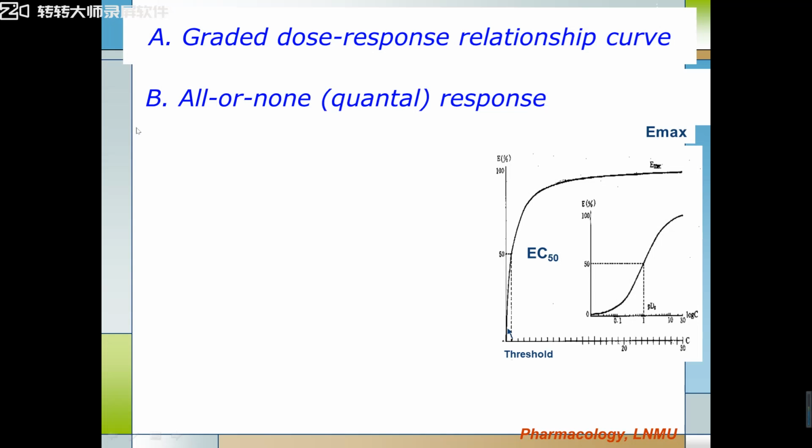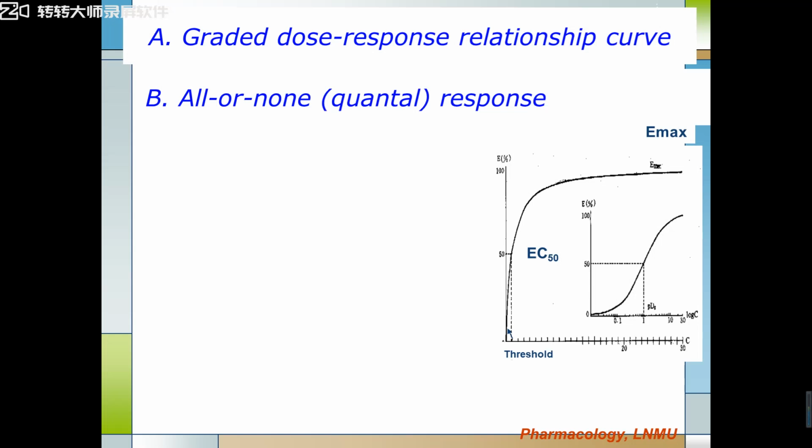And we also studied the all-or-none response. We also call this the quantal response. The all-or-none response indicates that a given dose of a drug has or has not evoked a certain effect in the various subjects under investigation.